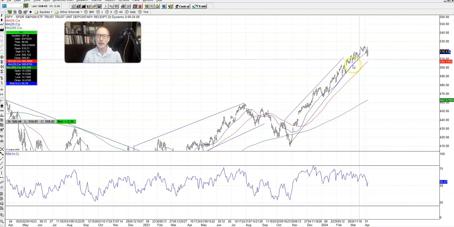This market's gone straight up since October. Having pullbacks is healthy. We don't want a market that's just going to go straight up, because when it does pull back, it's going to be really strong and nasty and have that really sell-off that scares a lot of people. We don't want that. We want a nice organized up move that has pullbacks along the way.